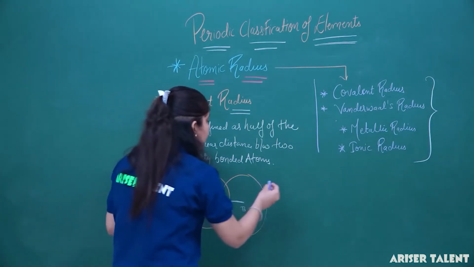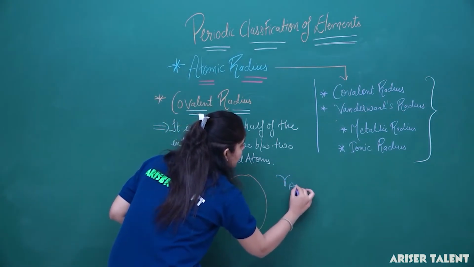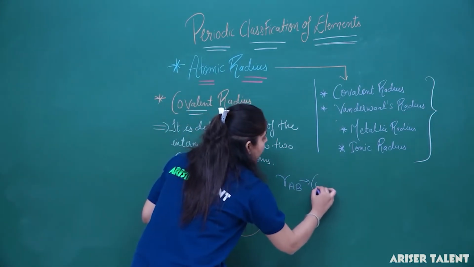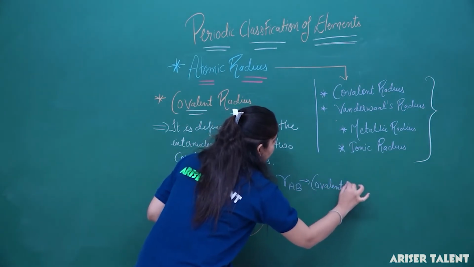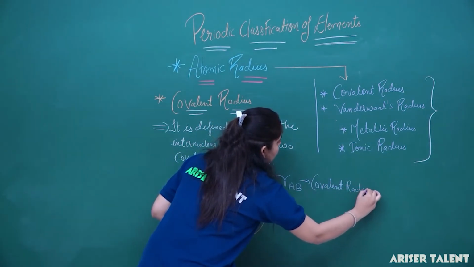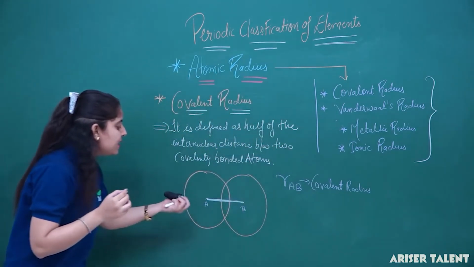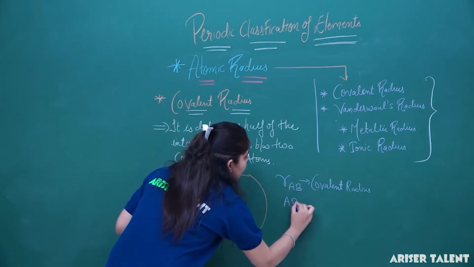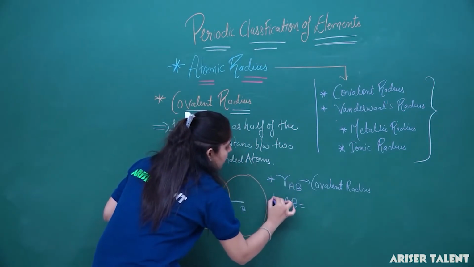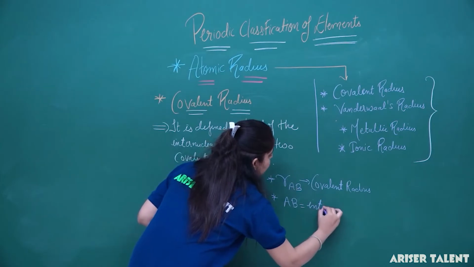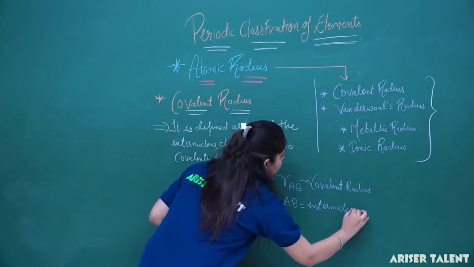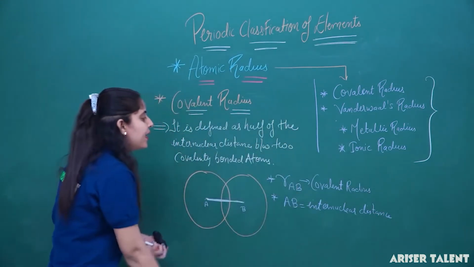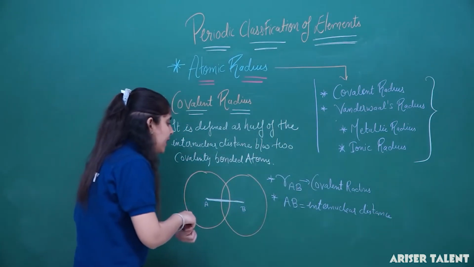So, I can write here R_AB. What is this R_AB? R_AB is the covalent radius, and this R_AB will be equal to half of AB. AB is the internuclear distance, and the covalent radius will be equal to half of the internuclear distance.